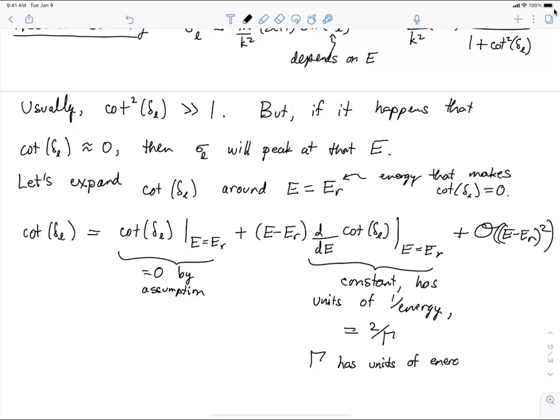So before, I claimed that when this happened, it was because there was a resonance, and this gamma is going to turn out to be a property of the resonance that is causing the scattering amplitude to peak, to be as large as it can be at that point. And so next time we'll pick this up and figure out in more detail what this is telling us about the resonance that is causing the cross-section to peak.